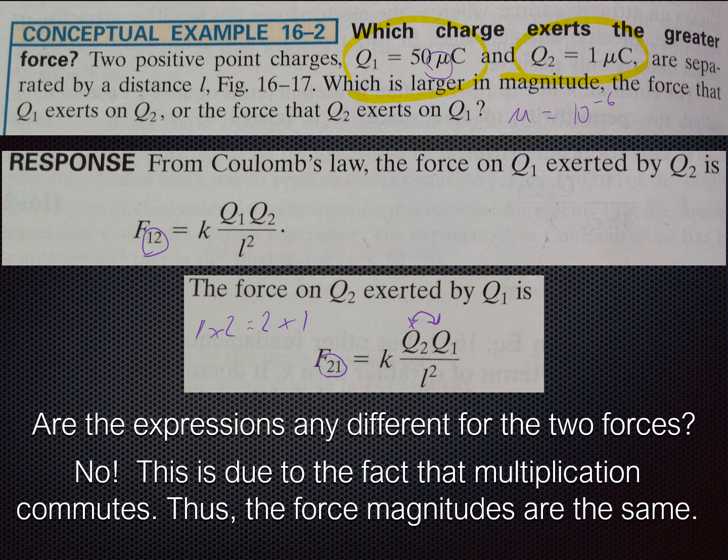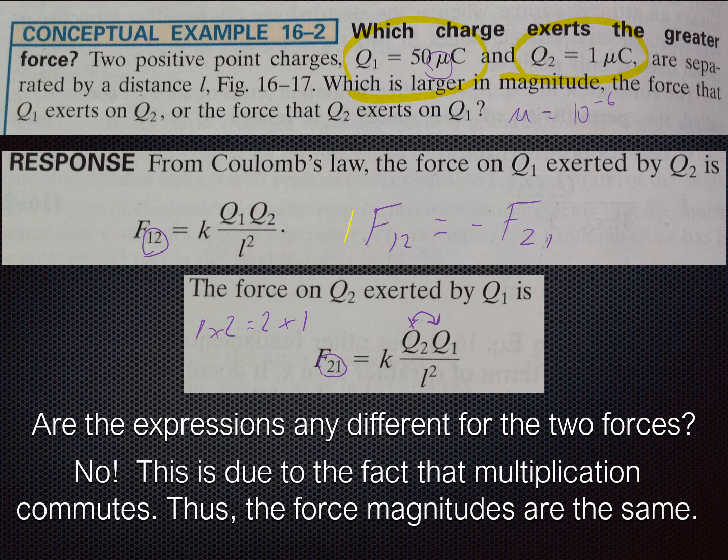This is also another way of saying Newton's third law. If you remember, Newton's third law simply says that F12 is equal to negative F21. So it's the whole equal and opposite reaction thing that we talked about.